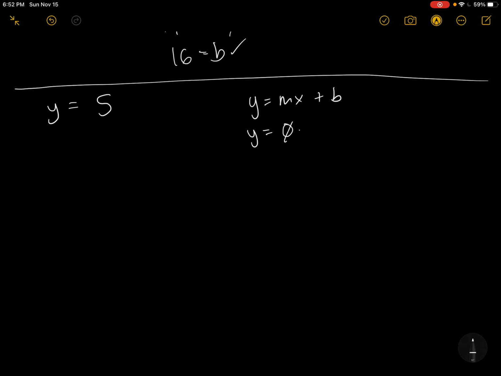That means that the only way to get rid of the x is if m is 0, right? And we have a number here. That's going to be our b. Okay, because 0 times x would just give us 0, and you'll get y equals 5. So that means that our slope is 0, and our y-intercept is 5. And if you remember, what does the slope of 0 look like?